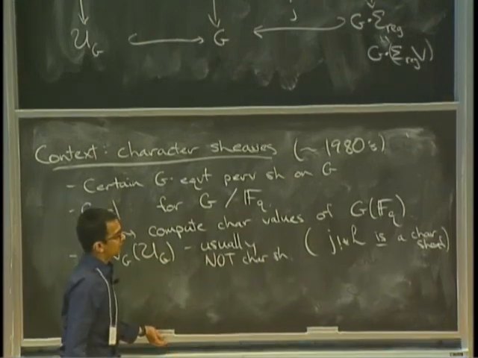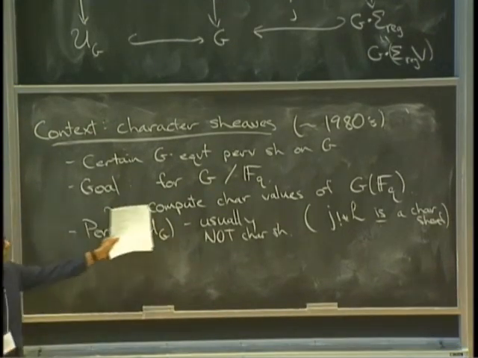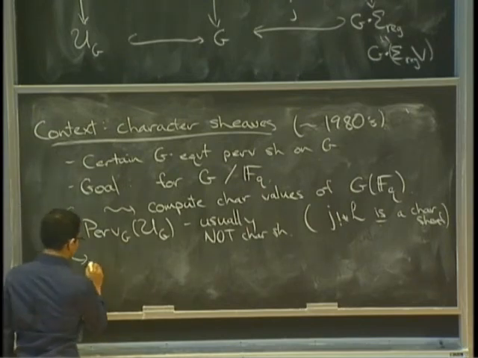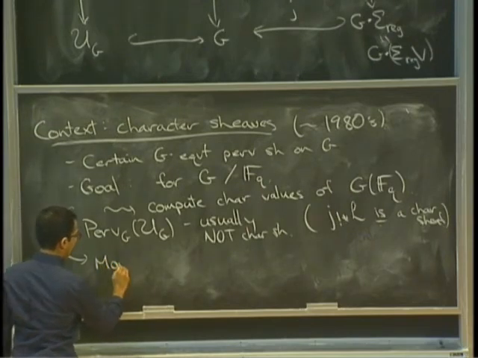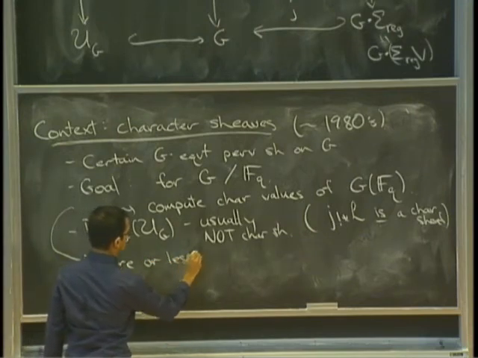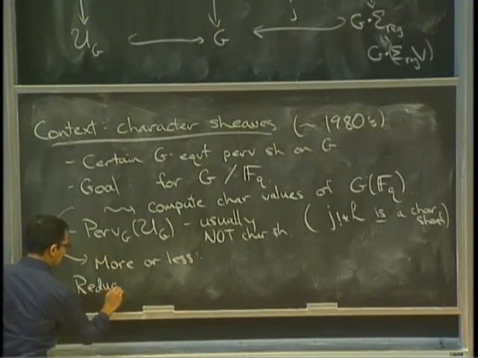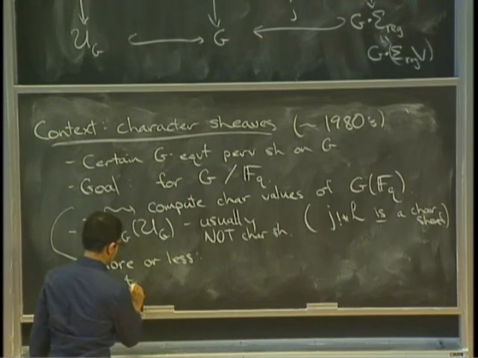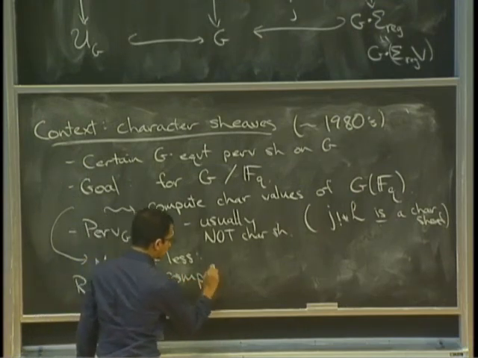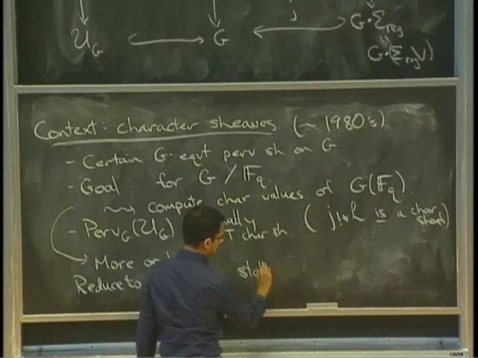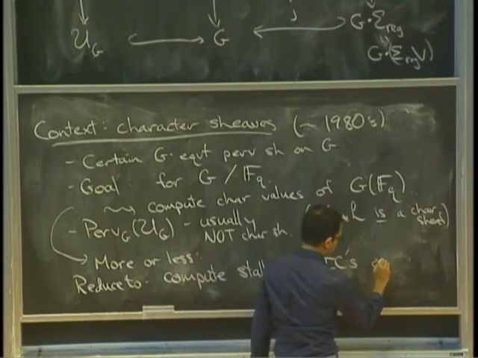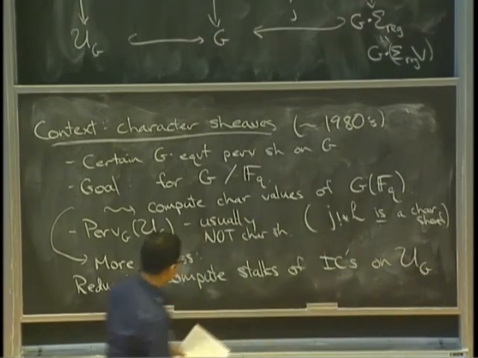But ultimately, in this project to compute character values, this arrow hides a lot of complication. At the end of the arrow, you can more or less come down to answering the following question: computing stalks of these simple perverse sheaves that do live on the unipotent variety.